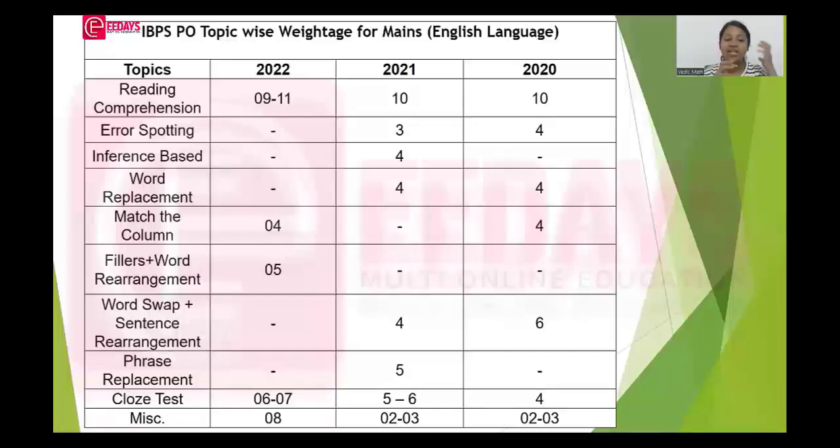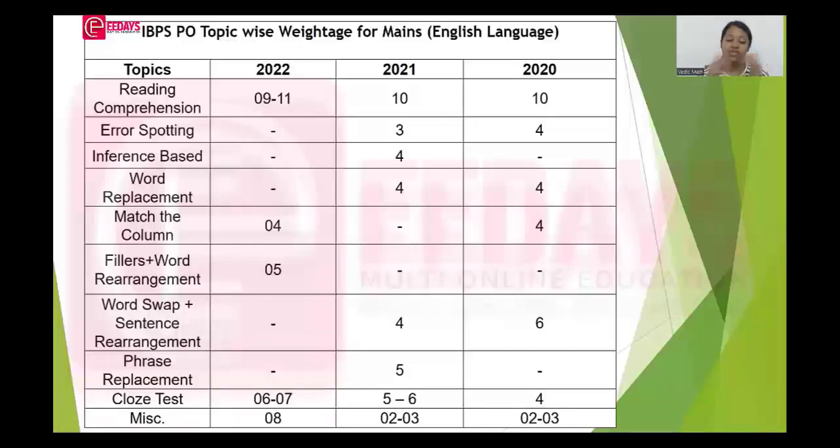If reading comprehension is more important, the same importance must be given to phrase replacement, because you can't risk anything. It is better for you to be equally prepared on each and every topic. And again, these topics are not that difficult. If you are sitting and preparing and practicing continuously, yes, you are ready to go.